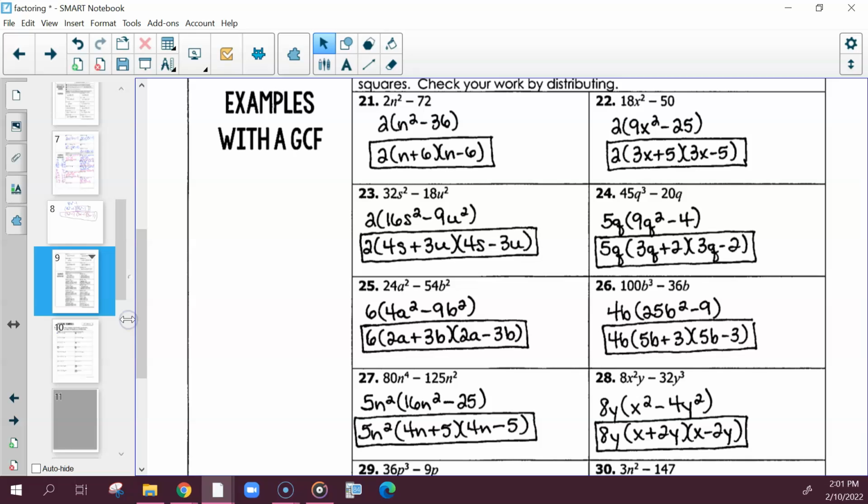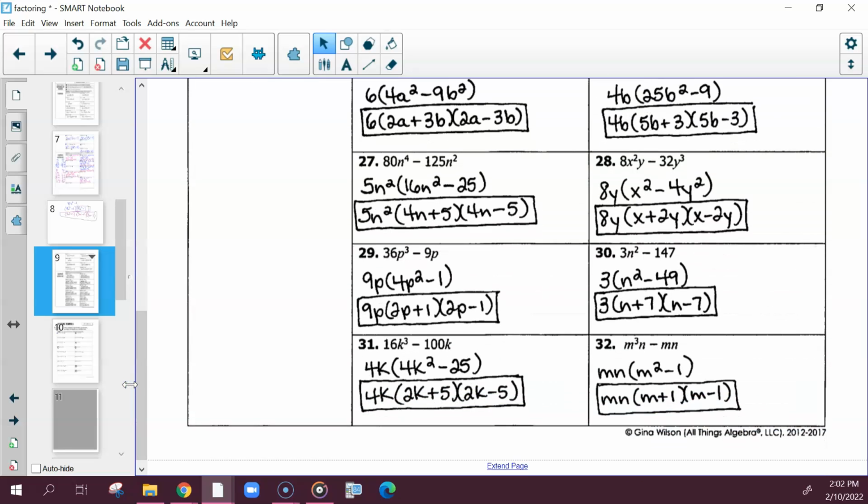Okay, let me get everyone's attention for just a second. For number 23: 2 times 4s plus 3u, 4s minus 3u. 25: 6 times 2a plus 3b, 2a minus 3b. 28: 8y, x plus 2y, x minus 2y. 29: 9p, 2p plus 1, 2p minus 1.